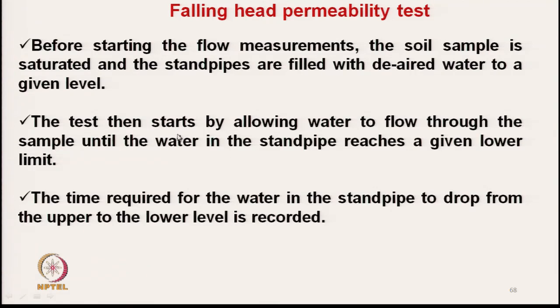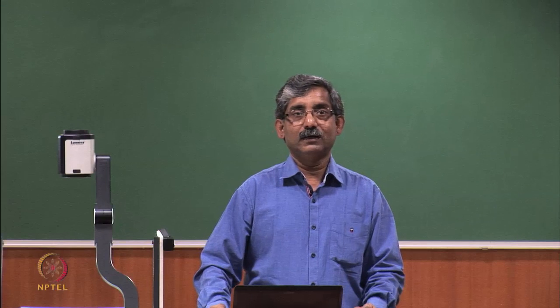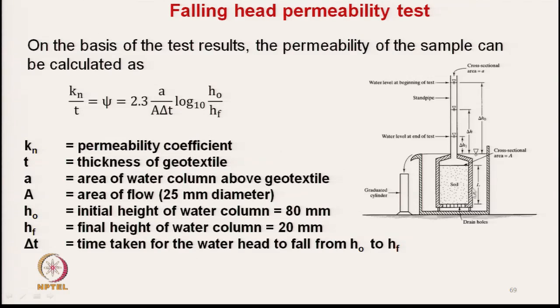The test then starts by allowing the water to flow through the sample. The water in the standpipe reaches a given lower limit. So, we can note down the time to reach that point and we can calculate the permeability coefficient using this formula, where H0 is the initial height of water column, which is typically 80 millimeter, and HF, the final height, is 20 millimeter.